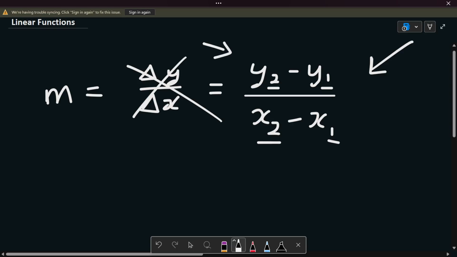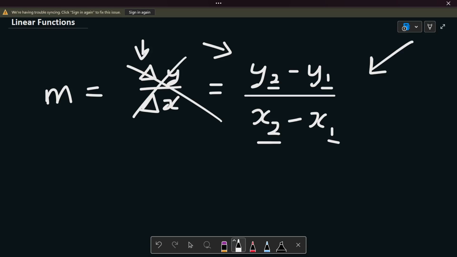They're talking about the change in the y coordinate sets, and also the change in the x coordinate sets. That is what the delta means. This is capital delta in the Greek alphabet. So that's not too important right now. What we're going to be focusing on is how we actually determine the gradient using the formula.